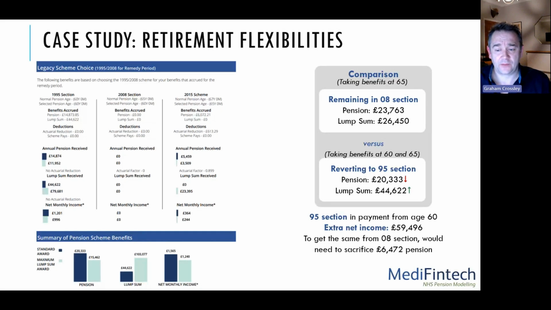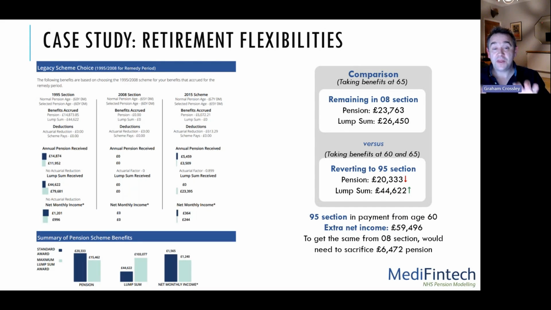Now, in this scenario, this member would get an extra £59,496 worth of extra net income, because when we add that pension to their ongoing employment income, they're still a basic rate taxpayer. So to get the same overall net income with that extra lump sum, that would need to reduce that 08 section pension by nearly £6,500.